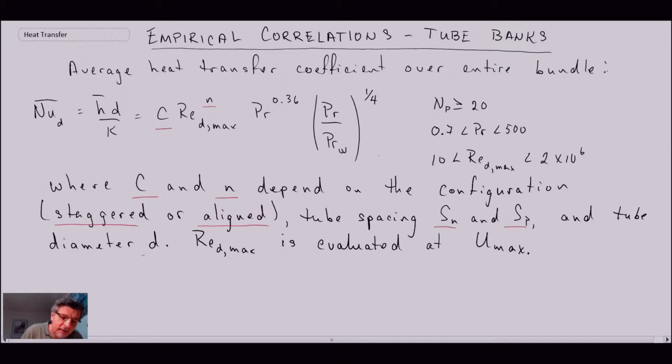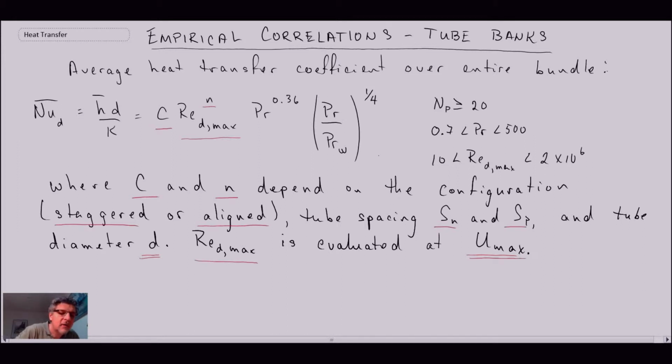And it will also depend upon the diameter of the tubes themselves. In the equation, we can also see we have the Reynolds number based on diameter at max, which refers to the Reynolds number based on diameter evaluated at the maximum velocity. I'll be going through that in the next segment. I won't go into details about what the maximum velocity is right now.